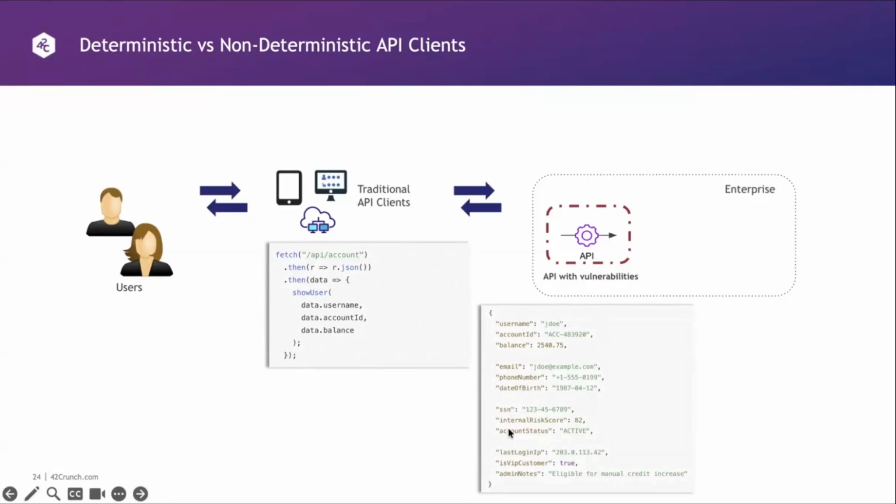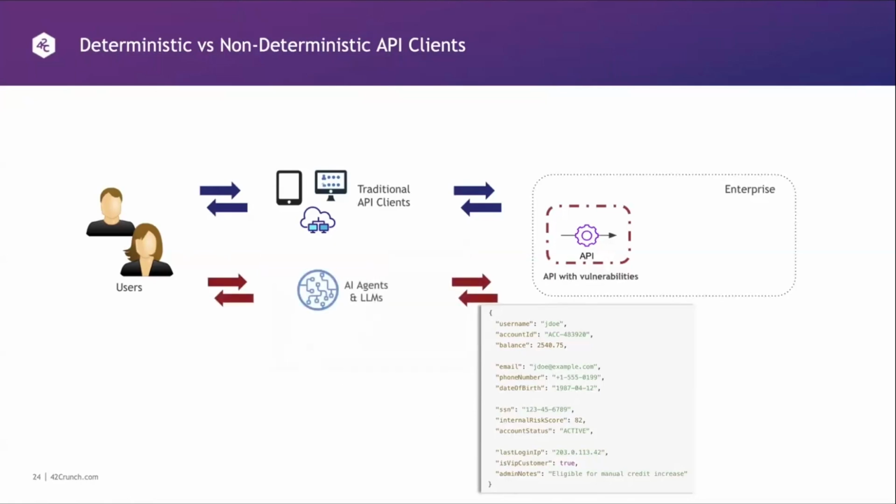So all that extra data will be ignored, and your end customers probably won't see it, unless you're lucky and a hacker starts poking around. So it's no wonder that you could have these vulnerabilities latent in your production sites and not know about it. Okay, but this is where AI agents and LLMs are different, because they're not necessarily pre-programmed to use your APIs in a certain way. They learn how to use your API.